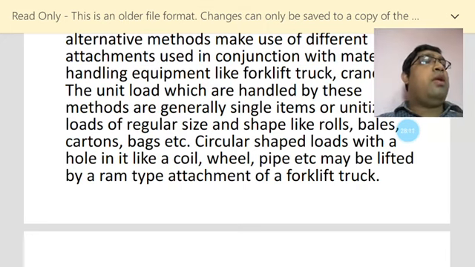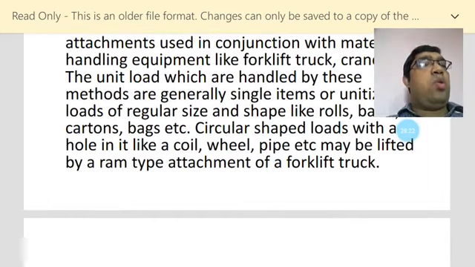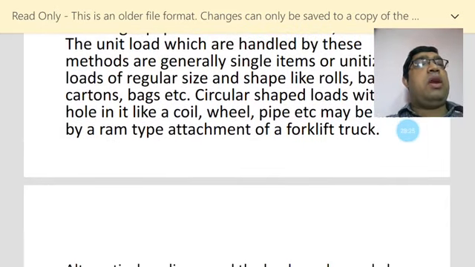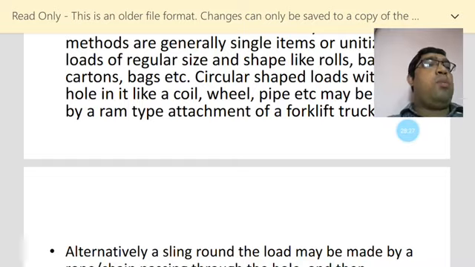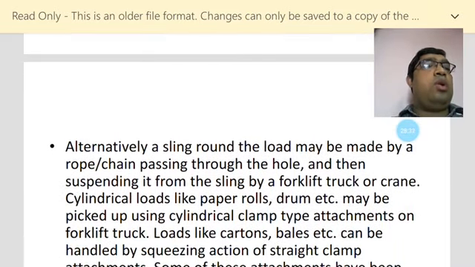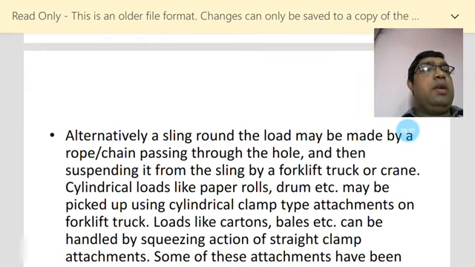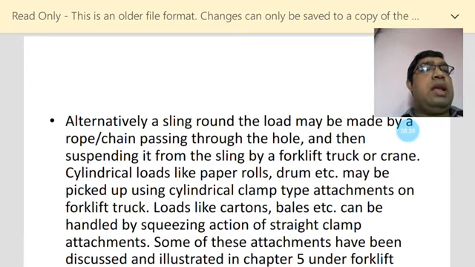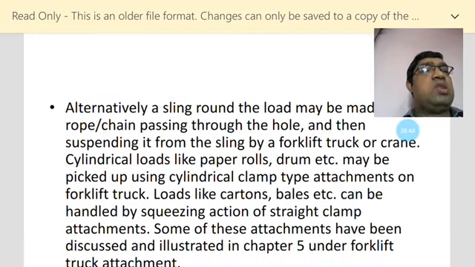These cannot be transferred by human effort and skids and pallets, so you have to use a forklift and this type of crane. Coils, wheels, pipes, etc., may be lifted by a ram attached to a forklift truck. Alternatively, slinging round the load may be done by a rope or chain passing through the hole and then suspending it from the ceiling by a forklift truck or crane.